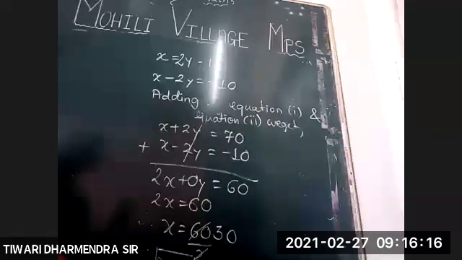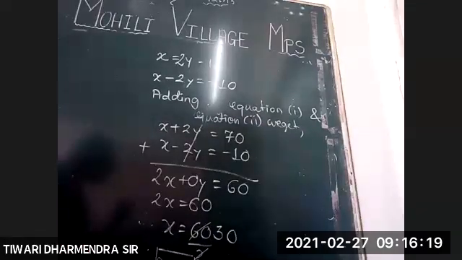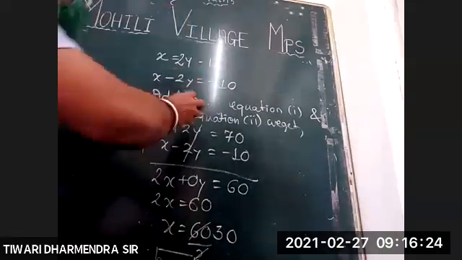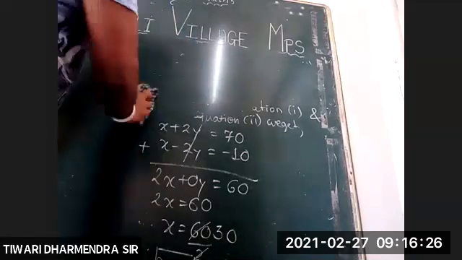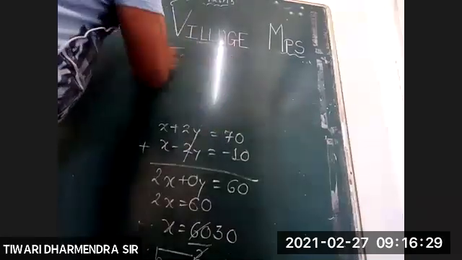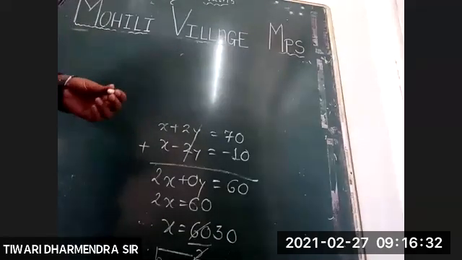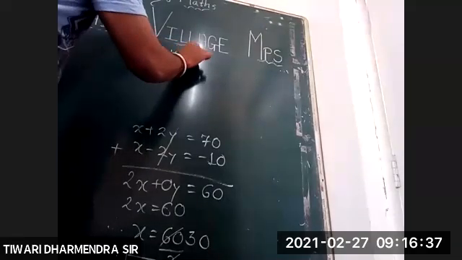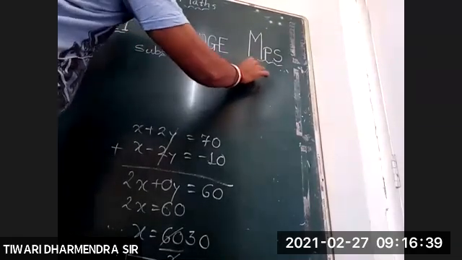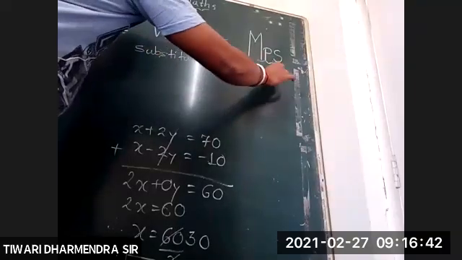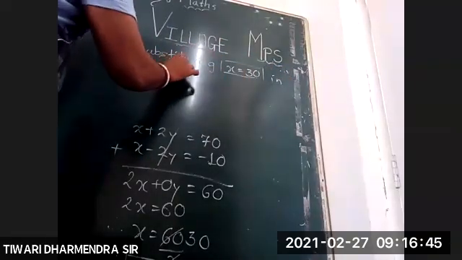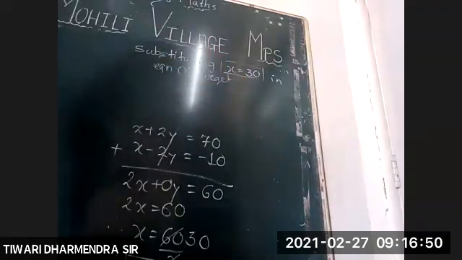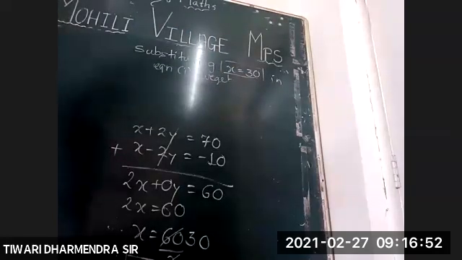Value of x is 30. Now substituting the value of x in any of the equations that you feel like. Say, I'll be using the first equation. Substituting x equal to 30 in equation 1, we get, what was the first equation?